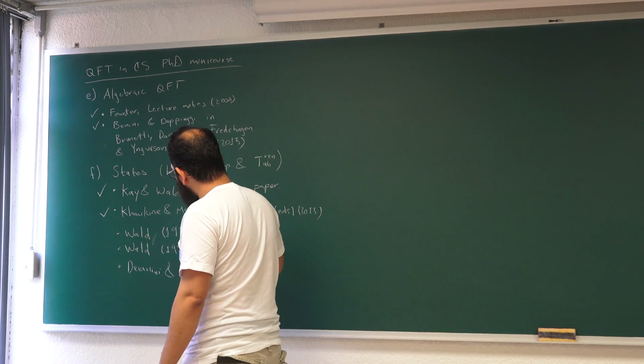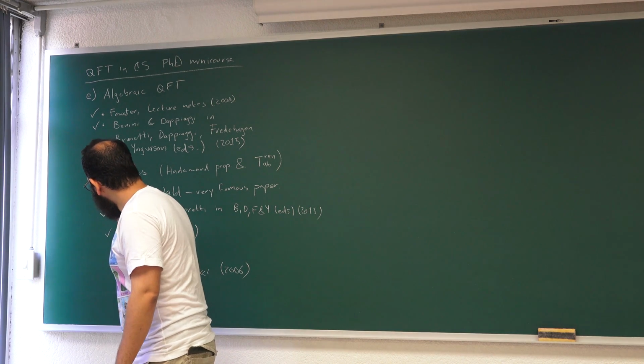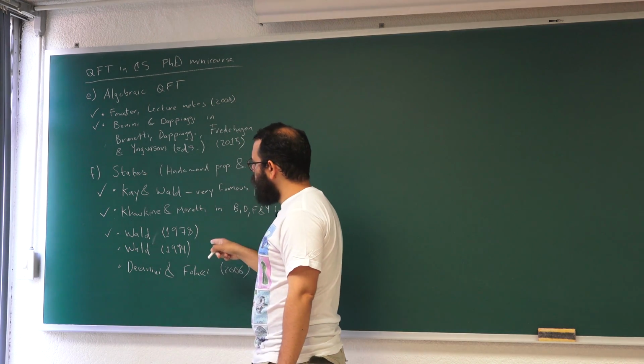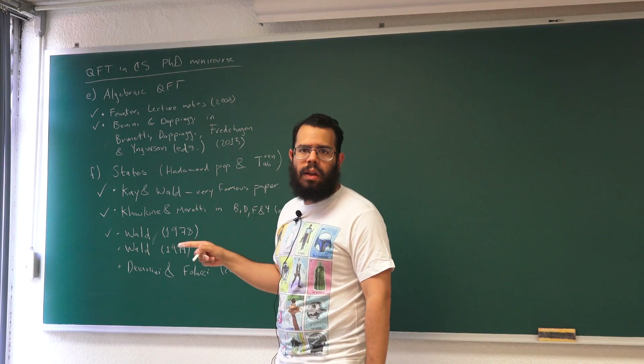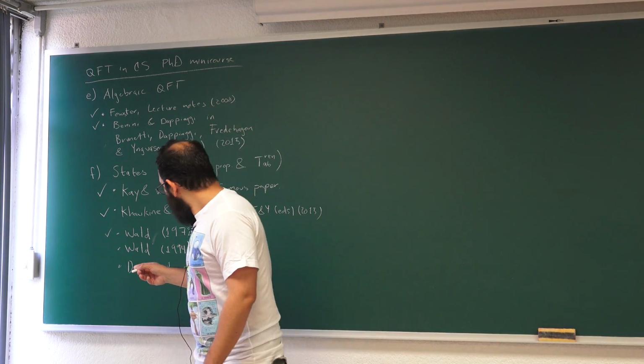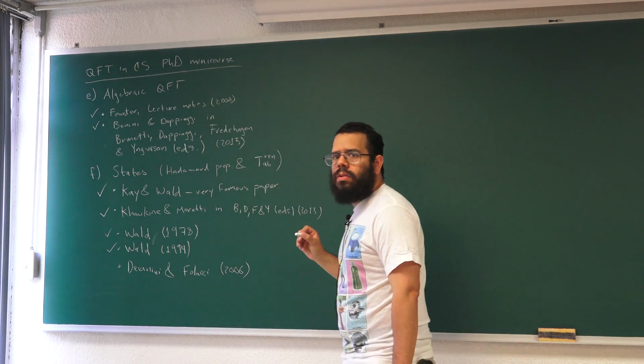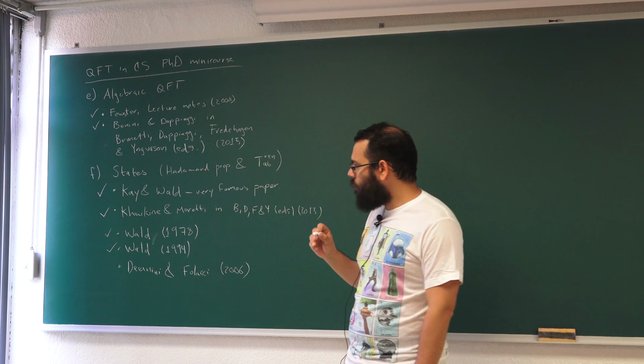Then for renormalization of the stress energy tensor, I advise you to have a look at Wald 1978, also a very famous paper where he introduces the Wald axioms for renormalizing the stress energy tensor. We'll see what that is. And also, Wald's little red book gives a very good account of this story.